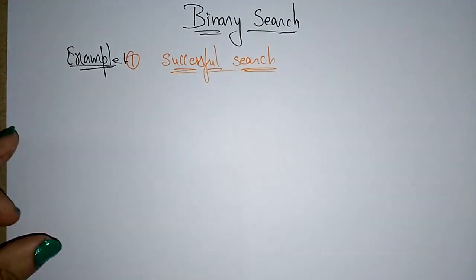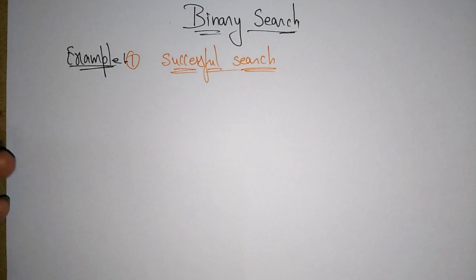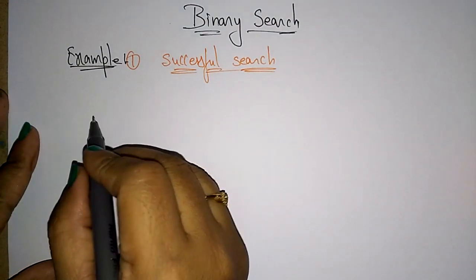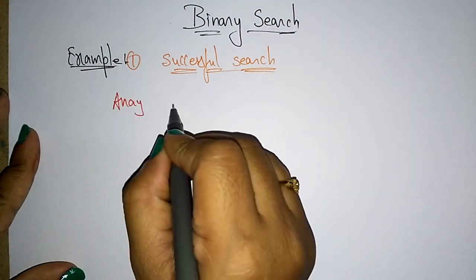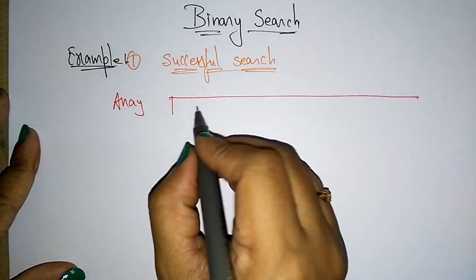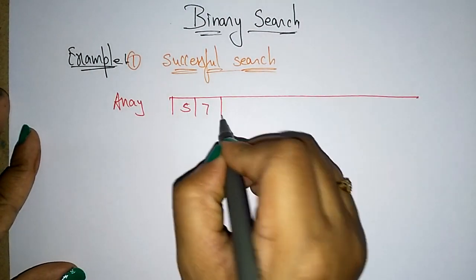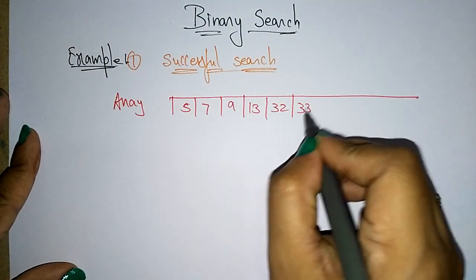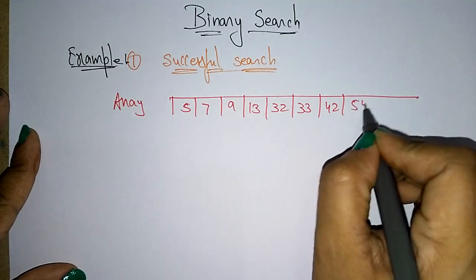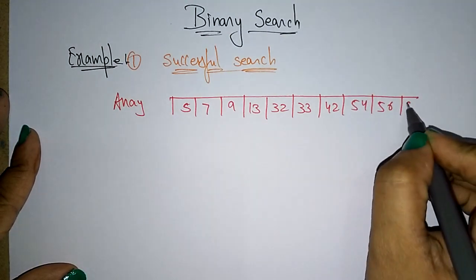It means whatever we are searching, we will find that element in the array. So let us take an array consisting of the elements 5, 7, 9, 13, 32, 33, 42, 54, 56 and 88.